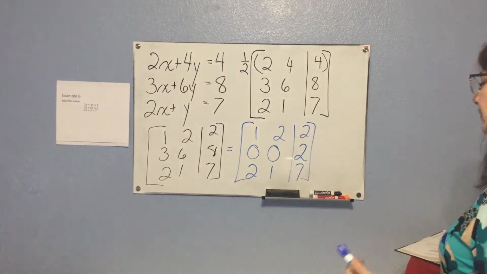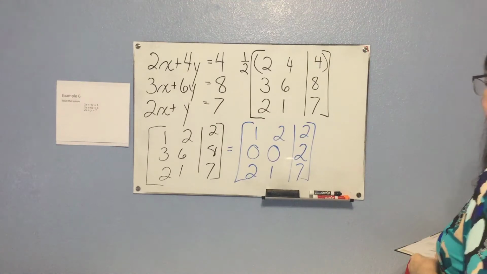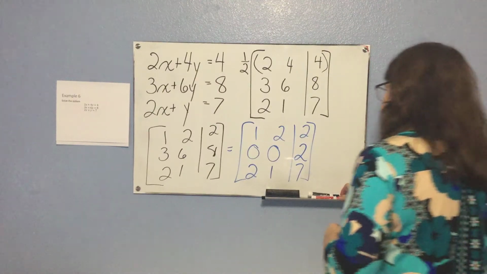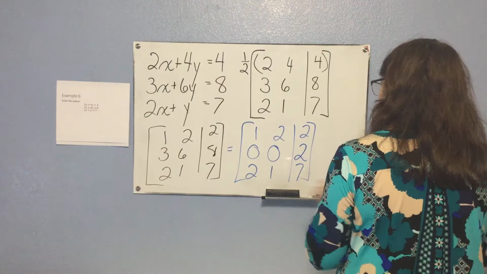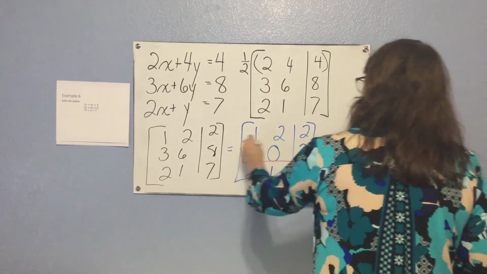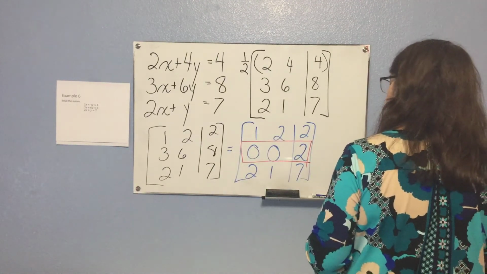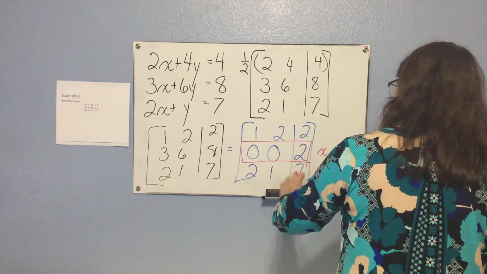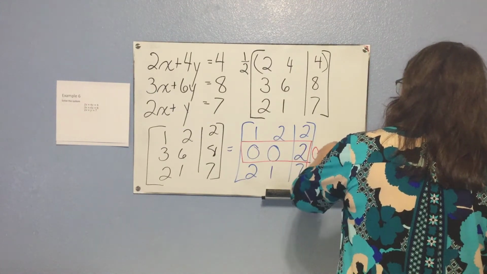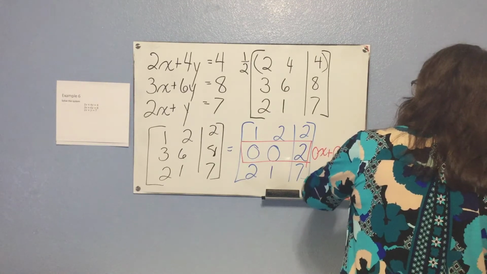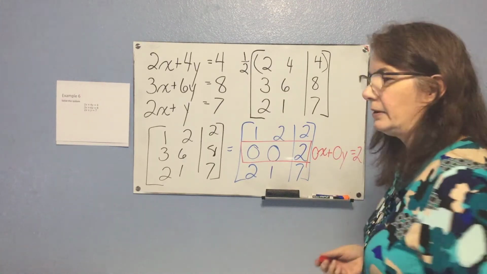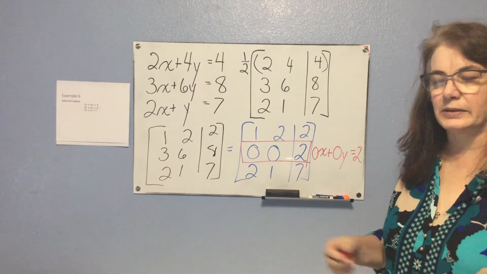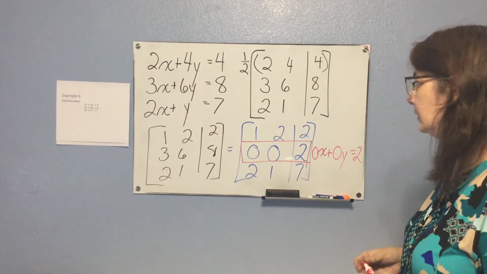Okay, now I could go on working on this one, but there's something here that should clue you in that there's trouble. And that's the second row now. Because what this is saying is that 0x plus 0y equals 2. And we know that that's not possible for no x's and no y's to equal 2.